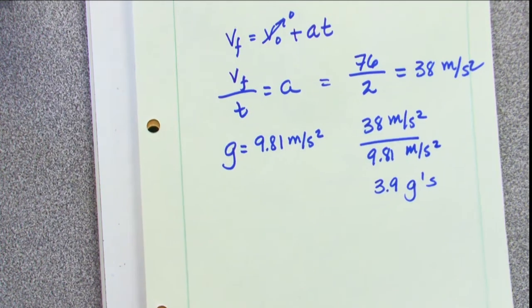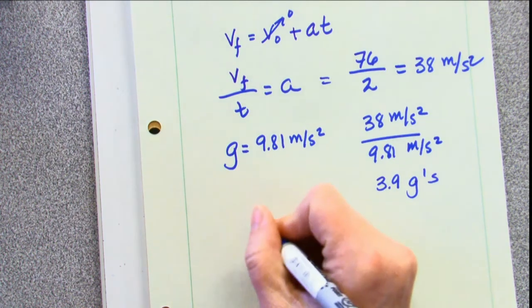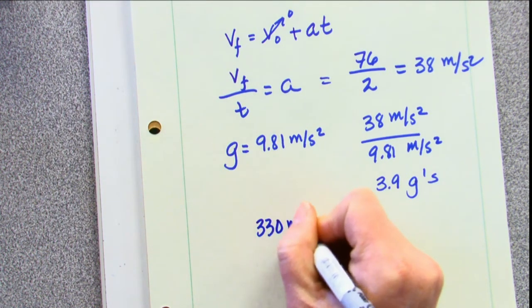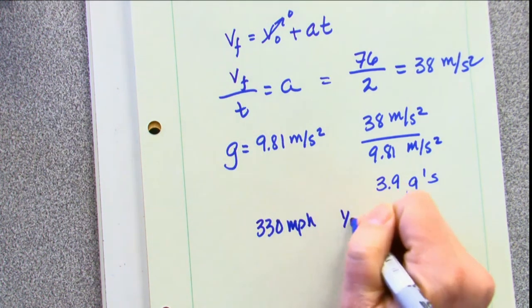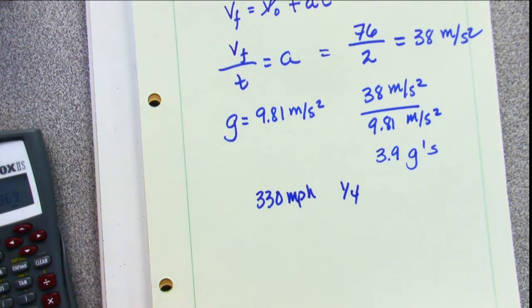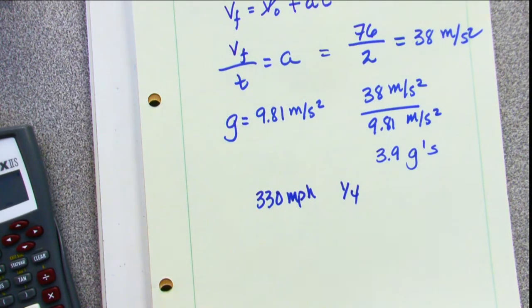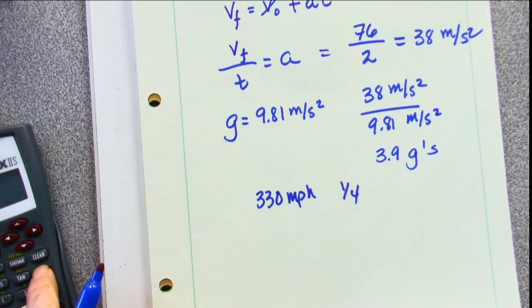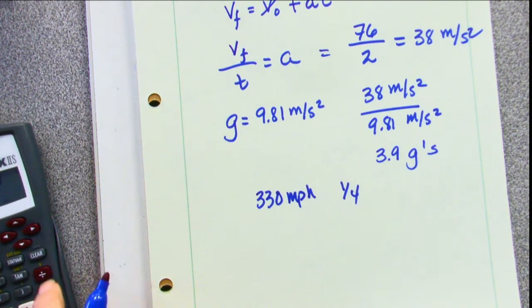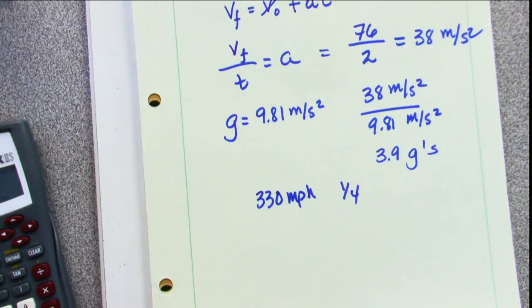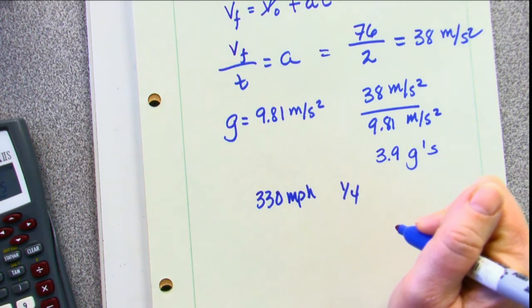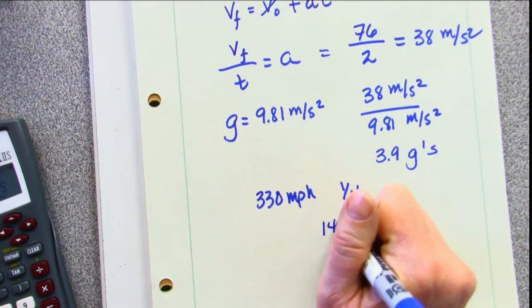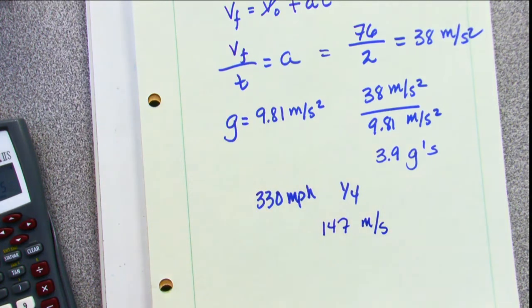330? Okay. All right. So if we do 330 miles an hour, and they do that in a quarter mile, right? Because we're at the track, they do it in a quarter mile. So I do my 330, because we've already done that lovely conversion. I'm getting that that's 147 meters per second.